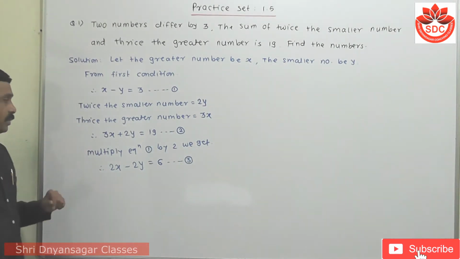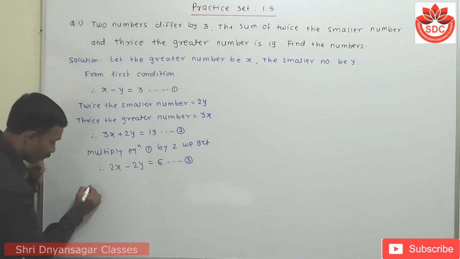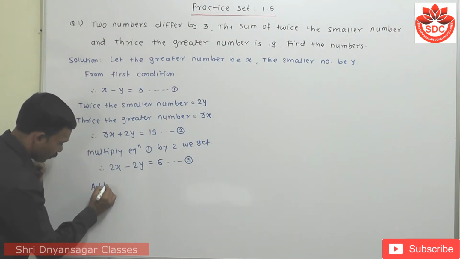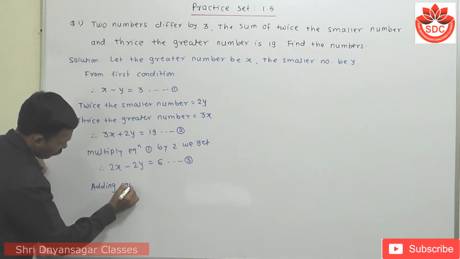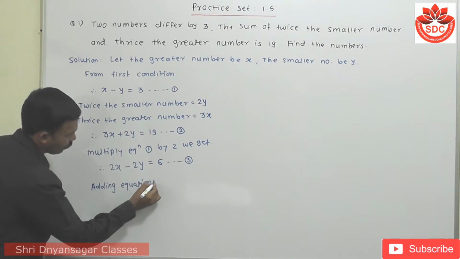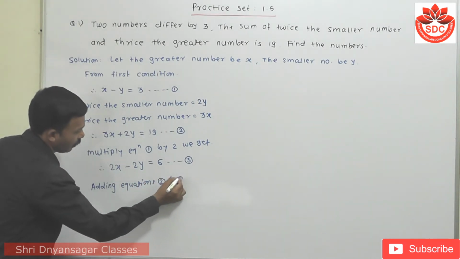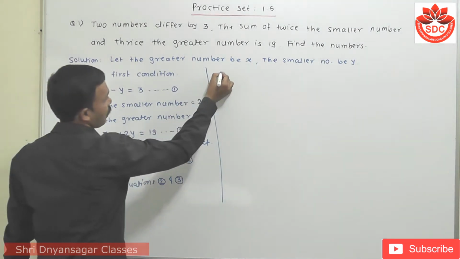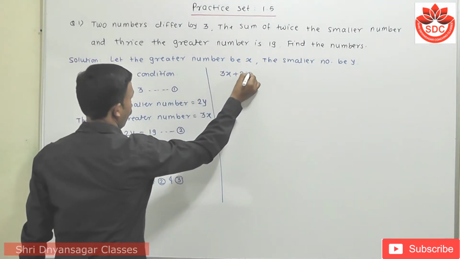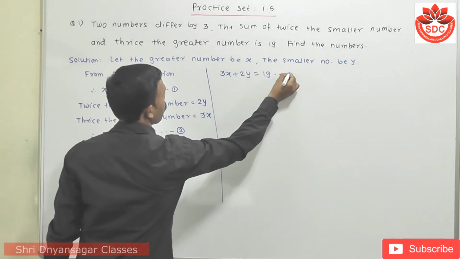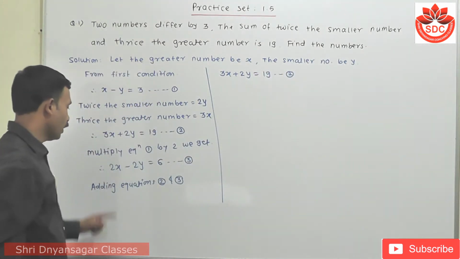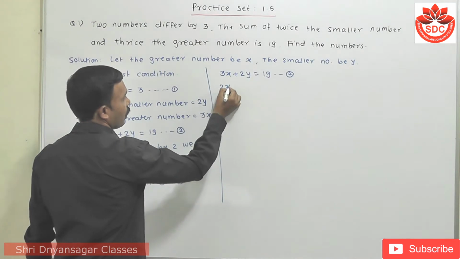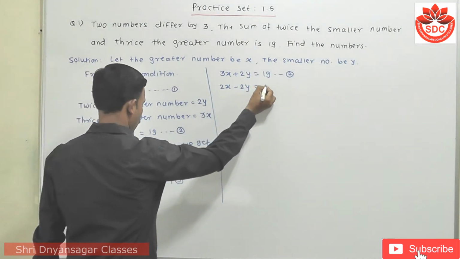Now student, observe equations second and third. If you add these two equations, then 2y gets cancelled. So adding equation second and third: the second equation is 3x plus 2y is equal to 19, and the third one is 2x minus 2y is equal to 6.